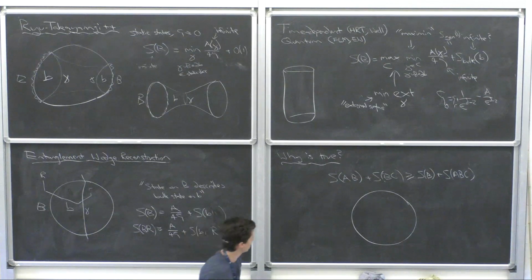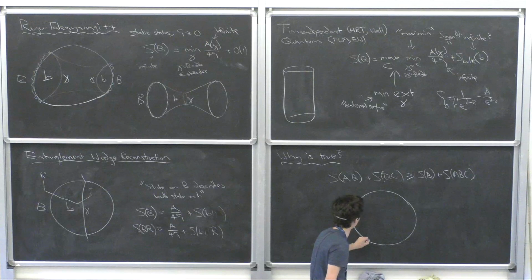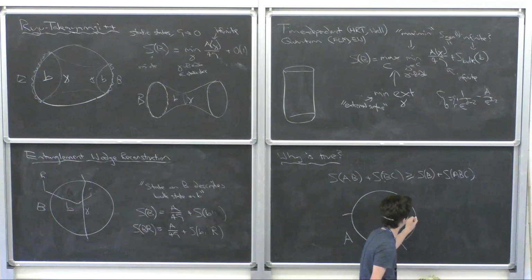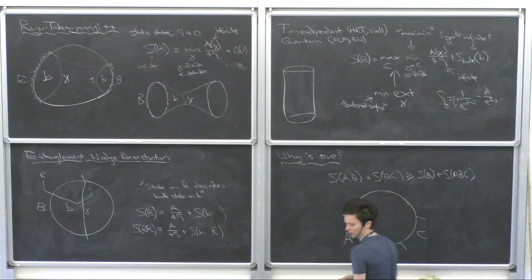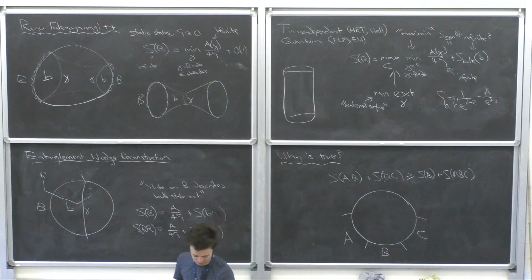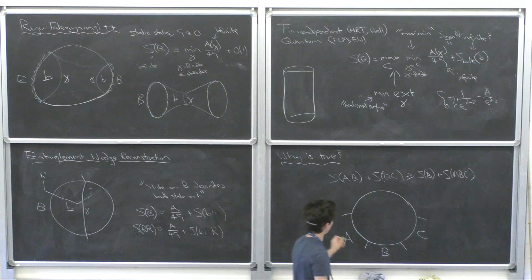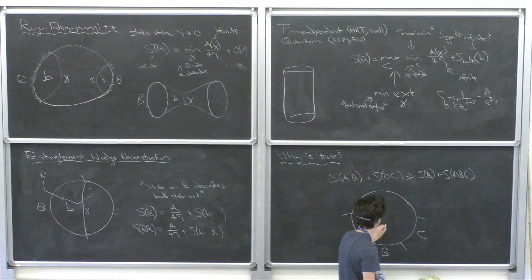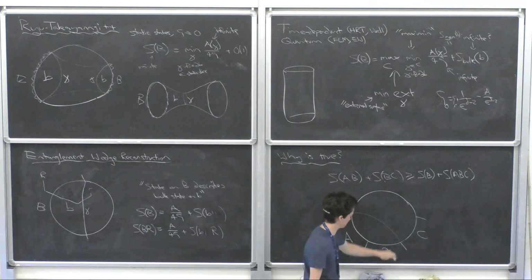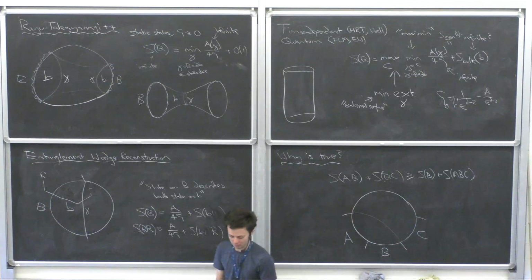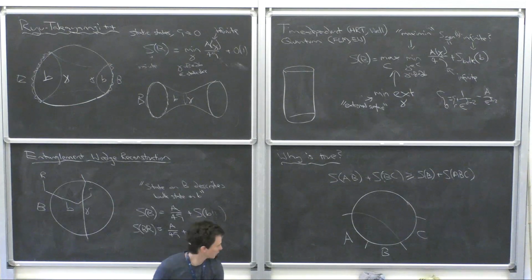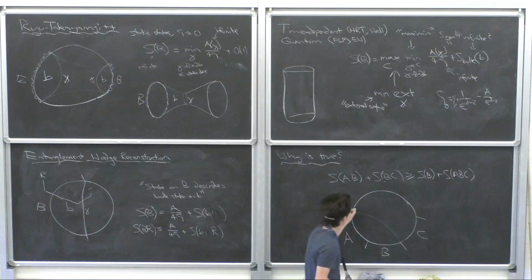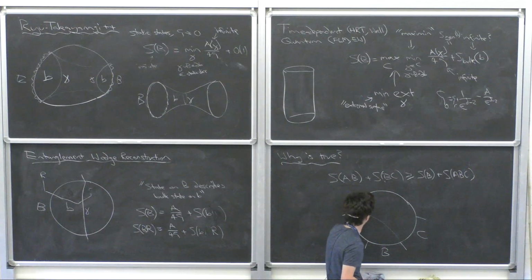It's much more general. So we're going to have three regions, A, B, and C. I've put them next to each other, but they don't need to be. It just makes the drawings a bit simpler. And S of AB is computed by the minimal area surface going like this, homologous to AB. Okay? So this gives S of AB.